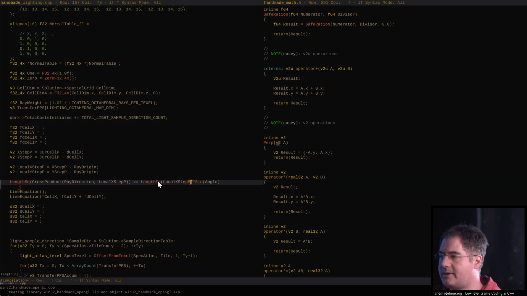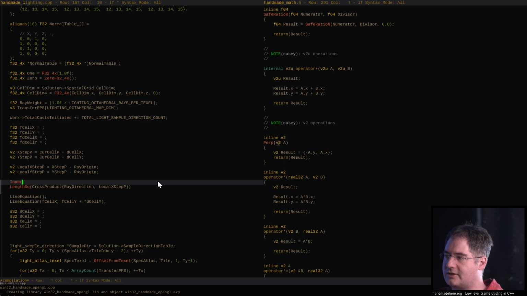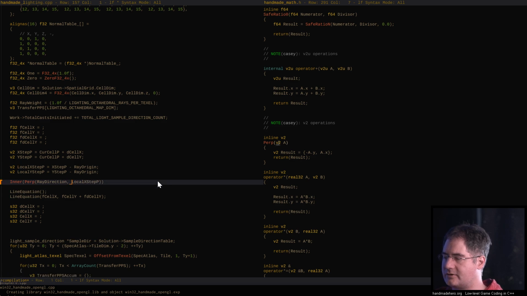So we don't care about this part. We just care about this. And honestly, we don't really need to use this because since we are not in 3D, we can really just use the inner product like so. So we just do the perp dot product between the ray direction and whichever one of these we're looking at, like so.